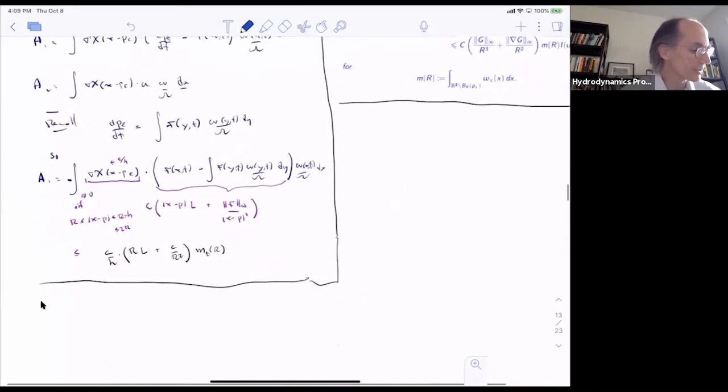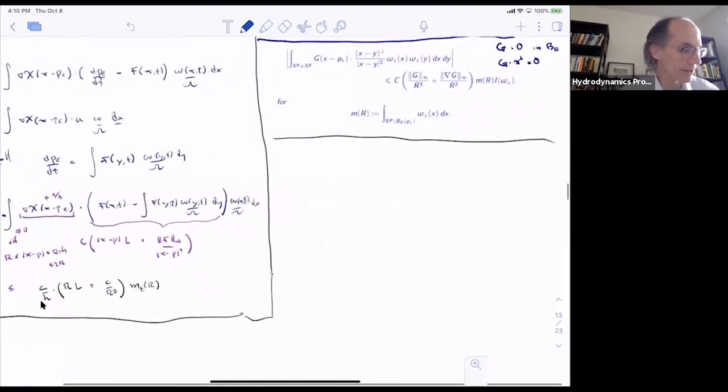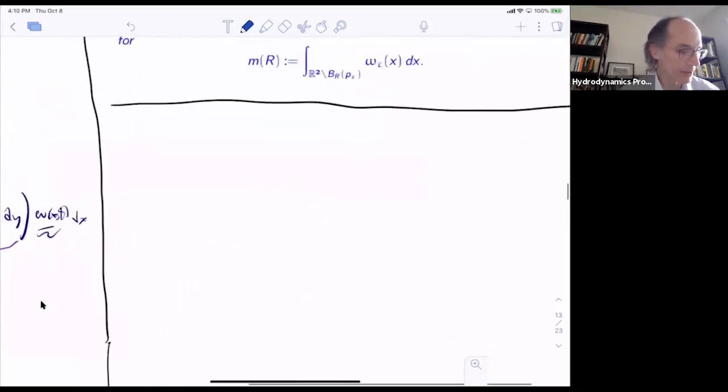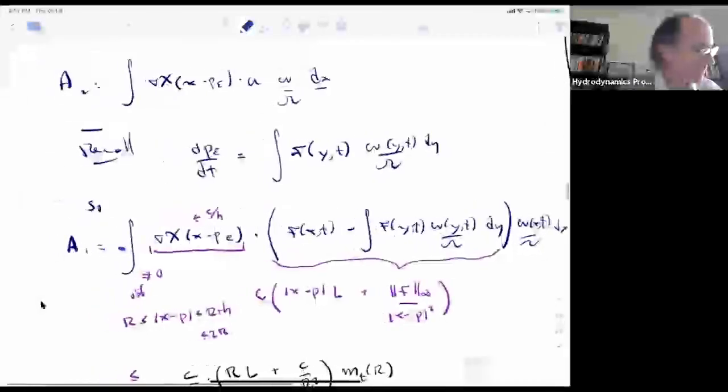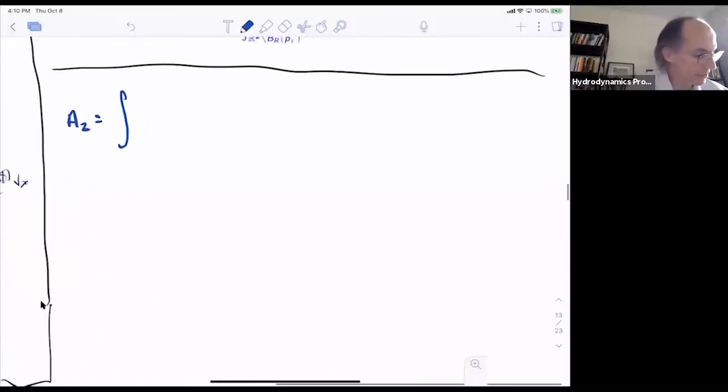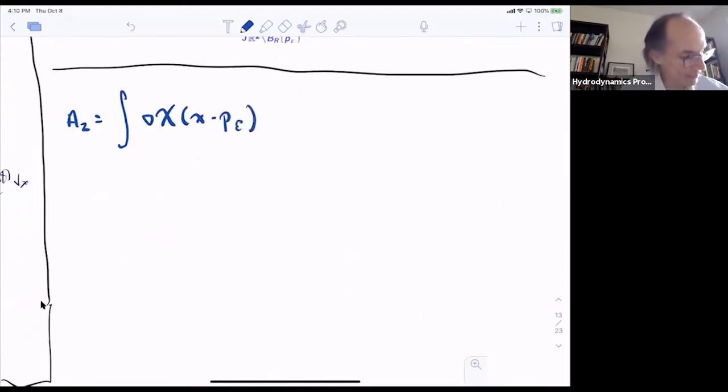So A2 is going to be handled by the other lemma from before. Let's see, what was A2? Here it is. The integral of the gradient of this cutoff function evaluated at x minus p, and then we take the dot product with the Biot-Savart kernel. Well, let's write it out.